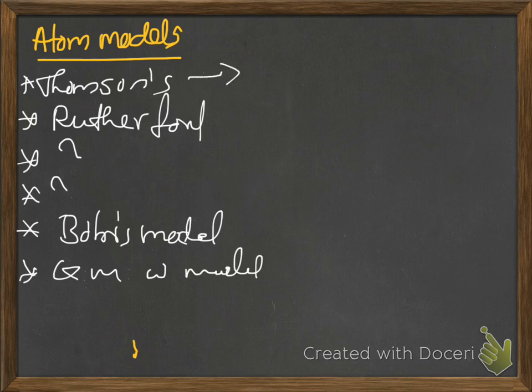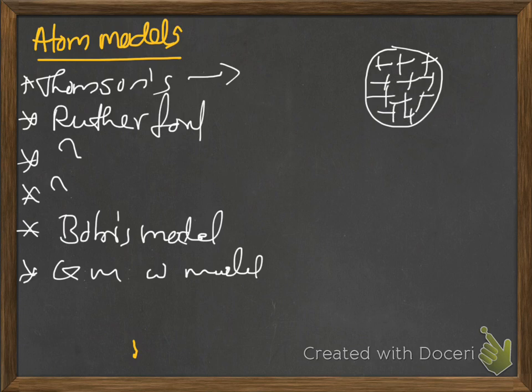According to Thomson, an atom is spherical in shape and positive charge is distributed throughout the body of the atom, while negative charge is embedded in this body here and there, so as to give stability to the atom.